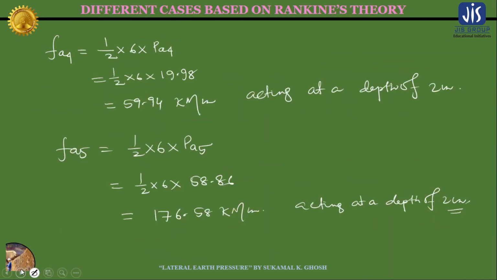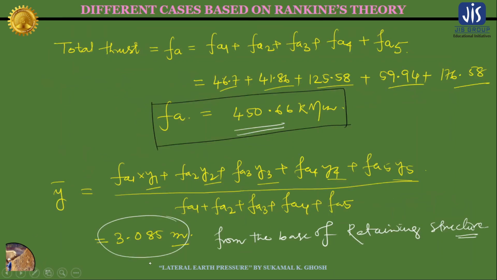Fa4 and Fa5, these resultant active earth pressure forces, are nothing but the areas of those pressure distribution diagrams. After calculating all the resultant forces, Fa1, Fa2, Fa3, Fa4, Fa5, we add all 5 to get the total thrust, that is Fa, the total resultant active earth pressure force, which equals 450.66 kilonewton per meter.